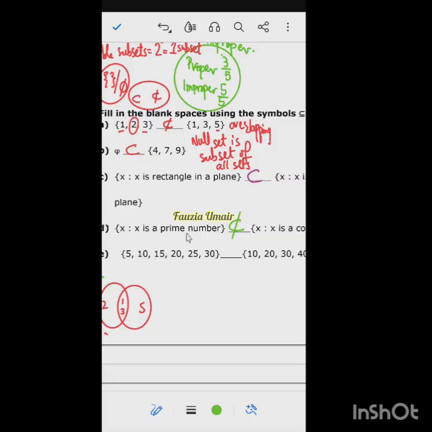ठीक है, यहाँ पर अगर prime number और यहाँ पर अगर composite की जगह हो जाता ना, let's say odd number, तो फिर क्या होता? A prime number and odd numbers, then it will be a subset.